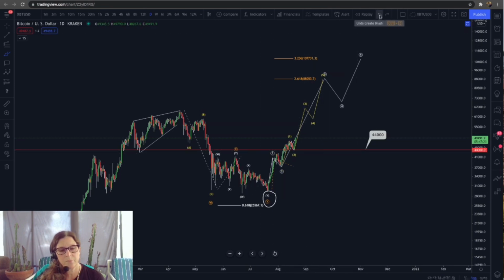Now I know a lot of people want this count to happen. I am not particularly leaning this way, but I'm not going to rule it out.